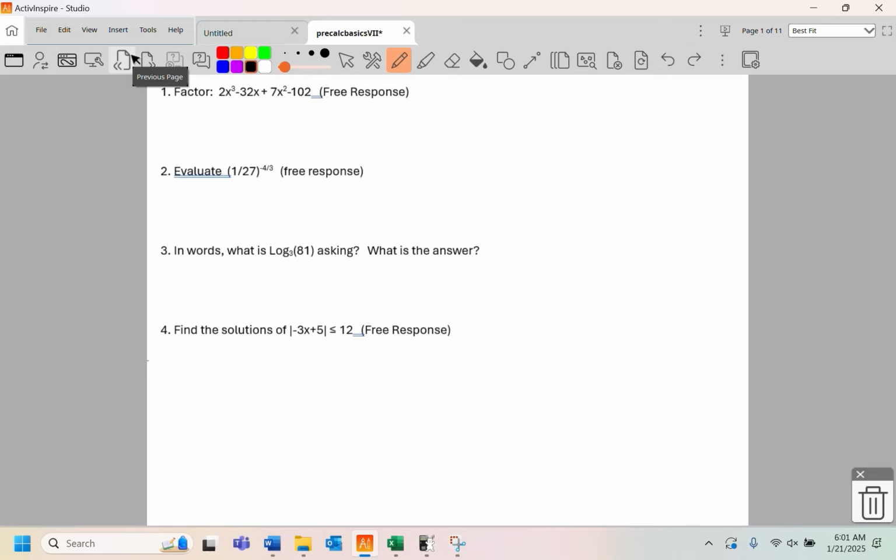You'll notice that the front of this has changed quite a bit. I dropped some stuff off because some of it just had to die. It was time for it to die. Anyways, we have a factoring problem. We're going to focus on the first 2 terms. I can pull a 2x and I'll be left with x squared minus 16. And the x squared minus 16 ought to repeat. So what do I pull from 7x squared to become x squared? I pull a 7, and it was positive at that.